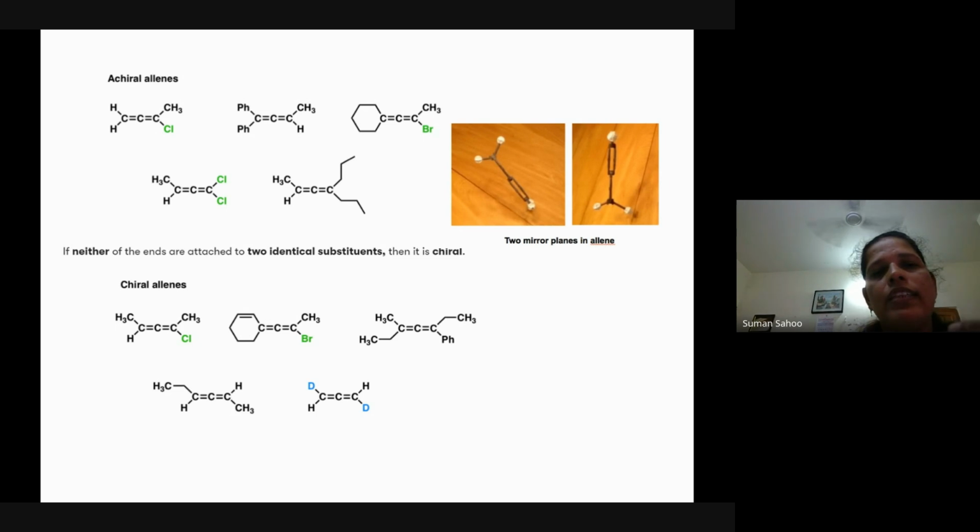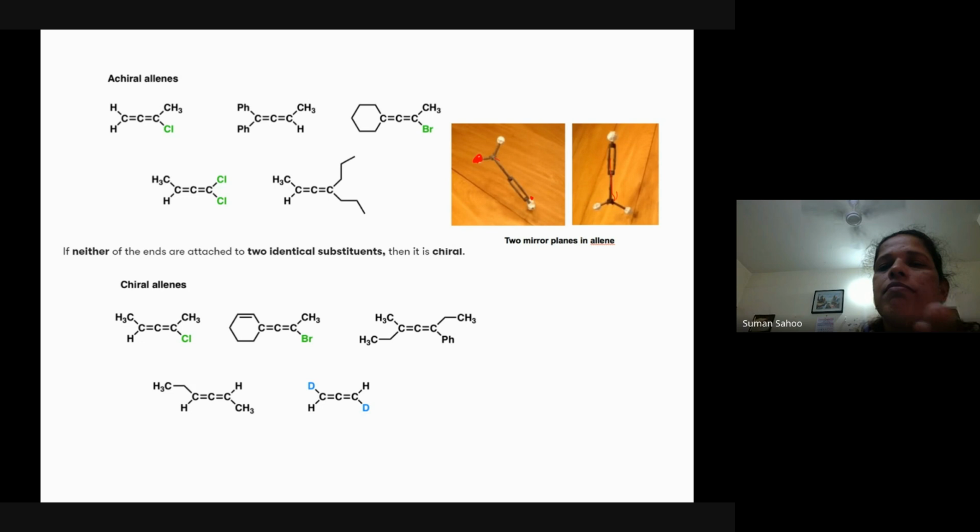So which are chiral and which are achiral? You just see this allene where you have the same substituents. When you have the same substituent, you have a plane of symmetry along this direction or along this direction. So you have a mirror plane of symmetry. But when I change this one carbon's substituents and again on that carbon, in that case there would be no plane of symmetry.